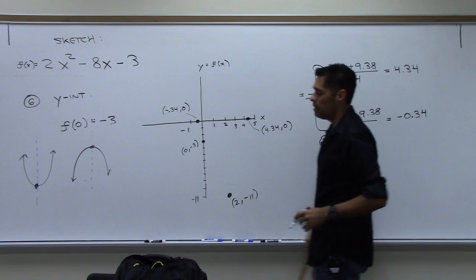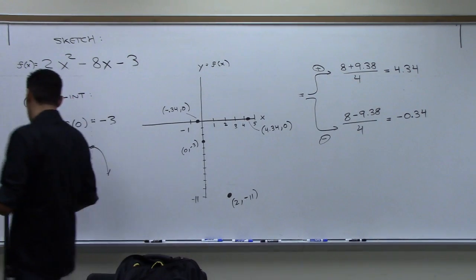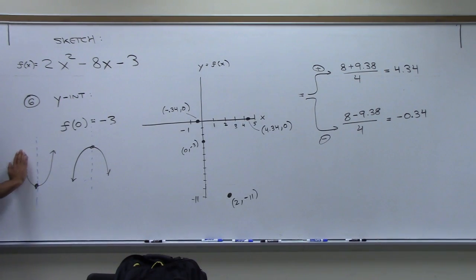But the important thing about the axis of symmetry is that this parabola, if you were to reflect it over that dotted line, is a mirror image of itself. So what's happening here on the left is identical to what's happening on the right.